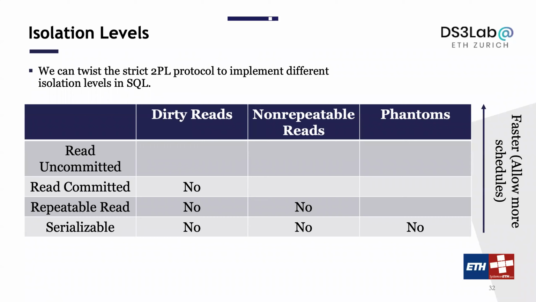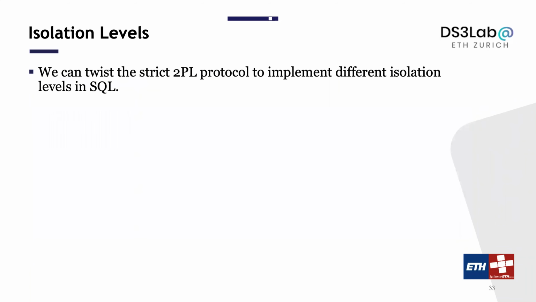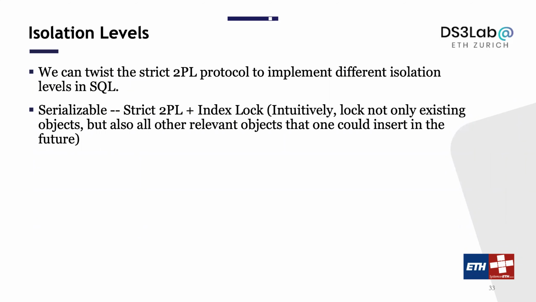All the way from the bottom to the top, you are faster, meaning you allow more types of schedules, but you could have more anomalies. So how can you twist that? Essentially, by twisting what type of locks I need to hold before I can do something.